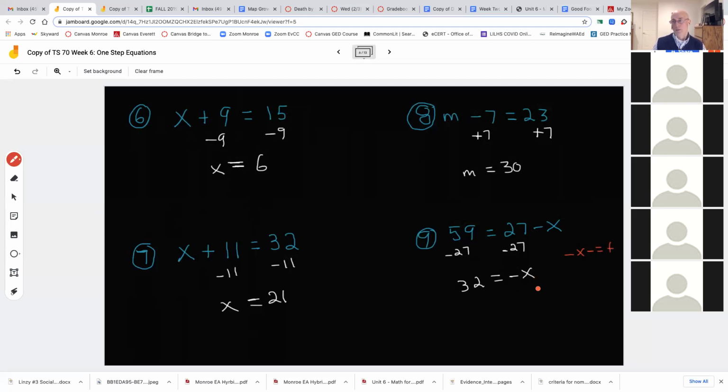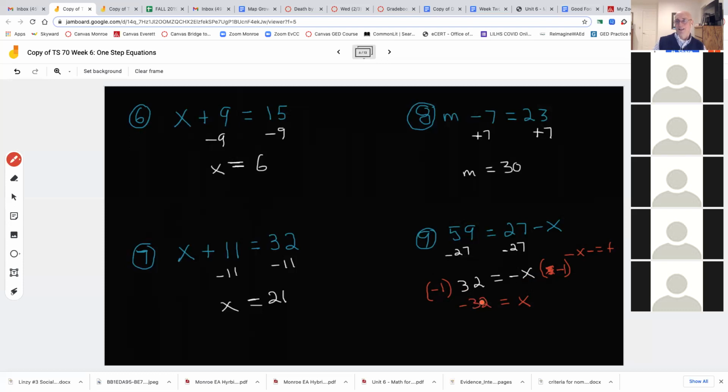So if I multiply this side times -1, okay, then I have to multiply -1 times this side. This is kind of leading into the next principle, by the way. So this -1 times a -x, a negative times a negative, gives me a positive x equals, okay? And then this turns into -32.